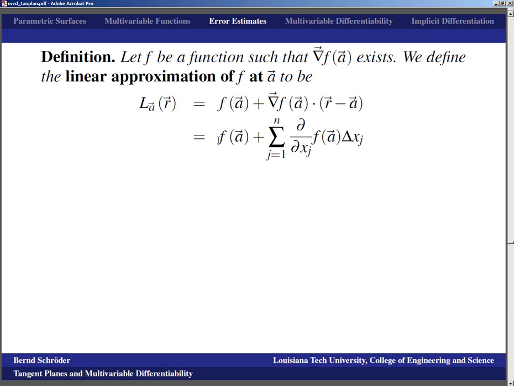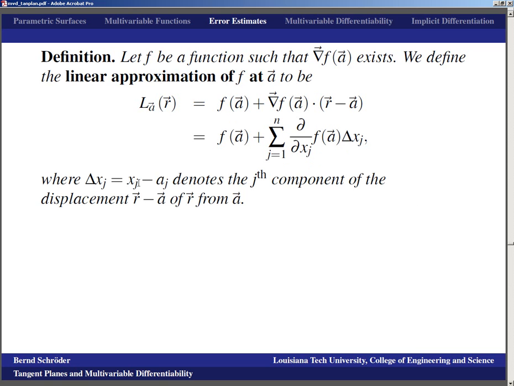This is of course nothing but the value at a plus the sum, j equals 1 to n, of the partial derivatives in all the directions times delta x_j, where delta x_j is x_j minus a_j, which is the jth component of the displacement r minus a of the place r where we want to evaluate the linear approximation from a. If you look at this, this is nothing else but the tangent plane.